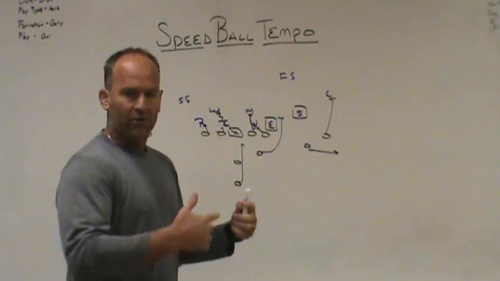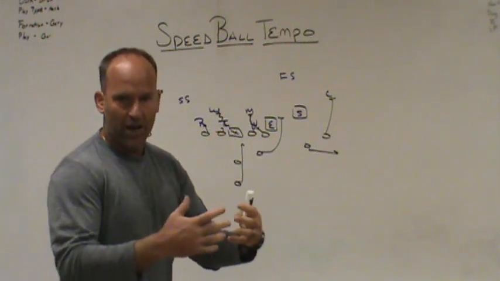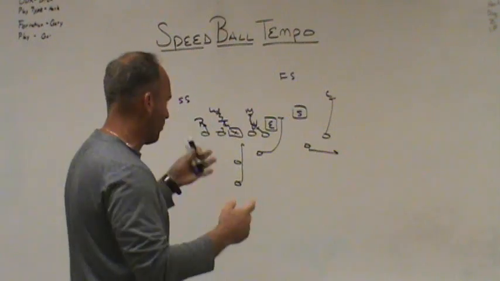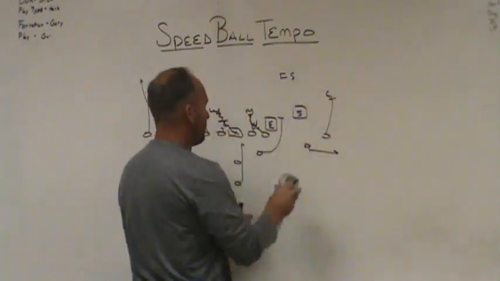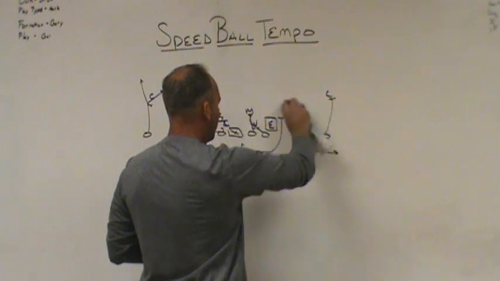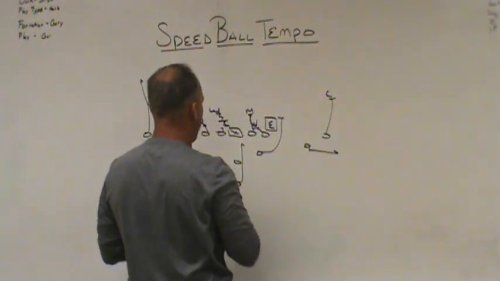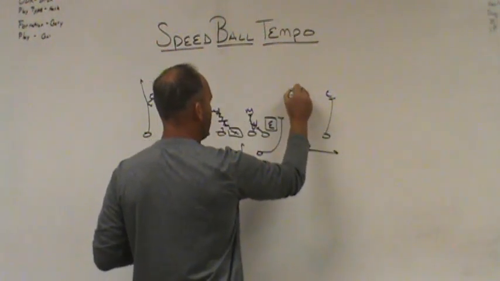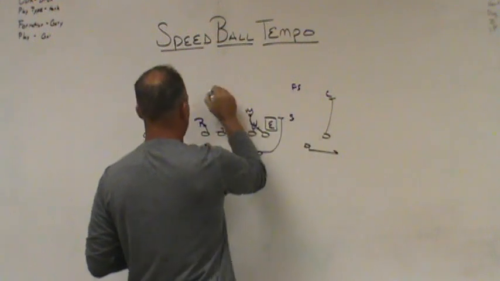After you run that play one time and the defense figures out that you're going at that tempo with that personnel group, their answer to speedball might be some type of zone pressure.